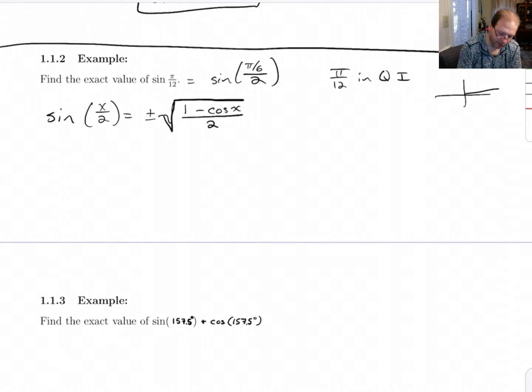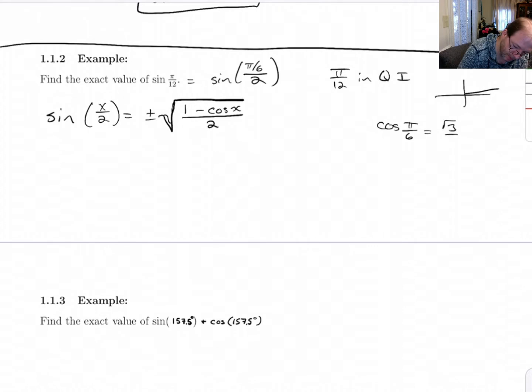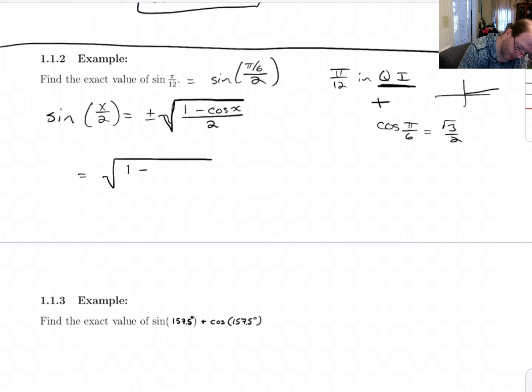So we just have to say, what's cosine of pi over 6? Well, cosine of pi over 6 is root 3 over 2. And we said we're in quadrant 1, so that means it's going to be positive. So we get positive the square root of 1 minus root 3 over 2, whole thing over 2.